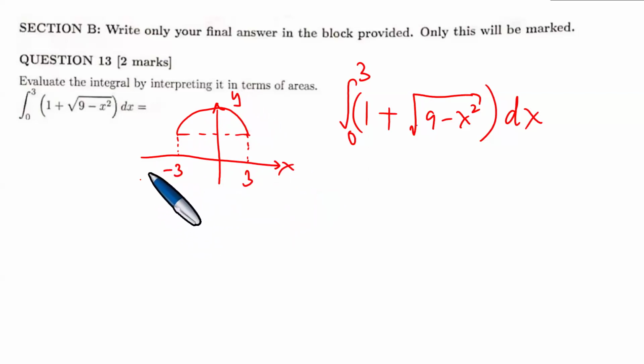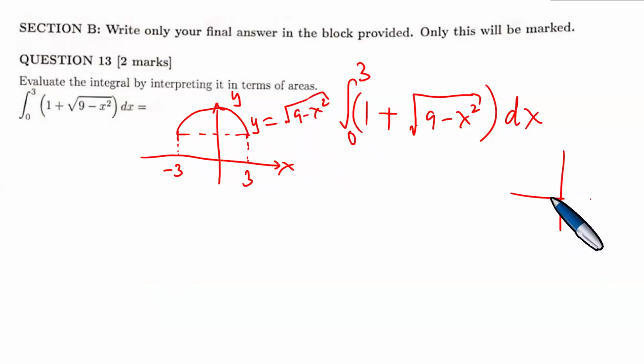Okay, now, if this becomes exactly true, this would be the graph of y equals the square root, which is the upper half of a full circle. Because if you have a circle like this, it is exactly this one, with x squared plus y squared equals 9.